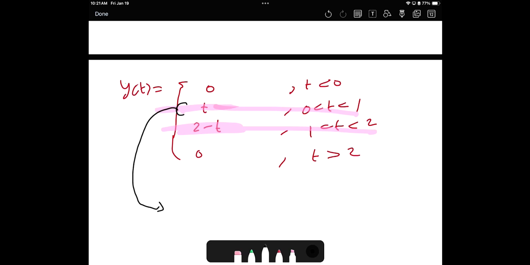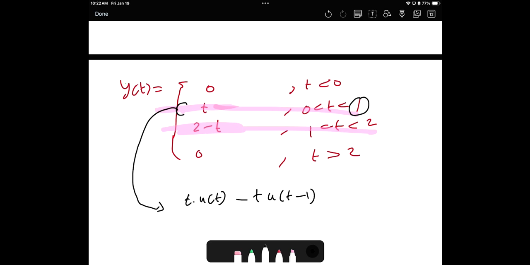So we will say t times u of t, because it starts to be t at u of 0. Then the other thing, it will go back to 0 at t equals 1. So, minus t times u of t minus 1.